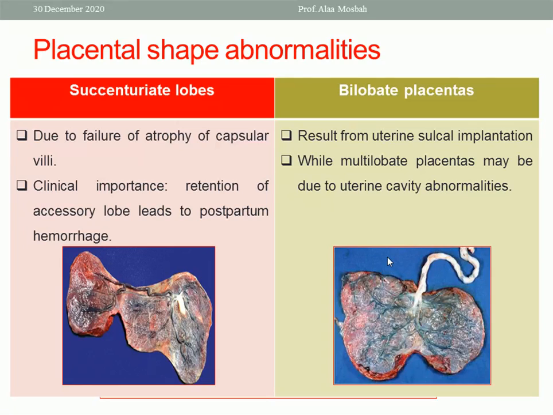But if we have multilobate placenta, this may happen if there is a cavity abnormality, something abnormal inside the uterine cavity, causing the multilobate placenta. But if it is bilobate, mostly this is a sulcal implantation. Implantation occurs at one of the uterine borders.